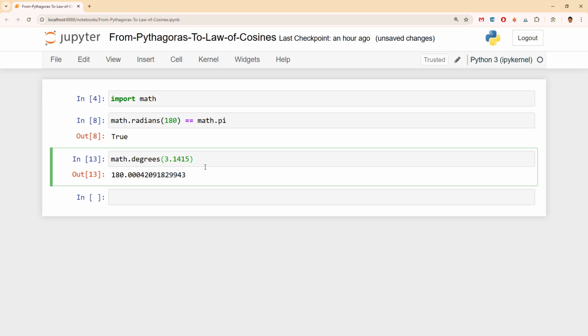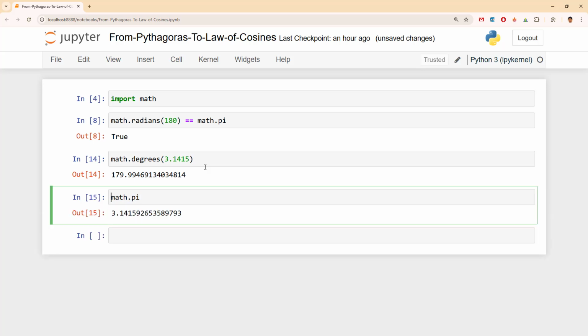So it's 1.5 something, 1.592. Okay. So this is why we need to import math here.